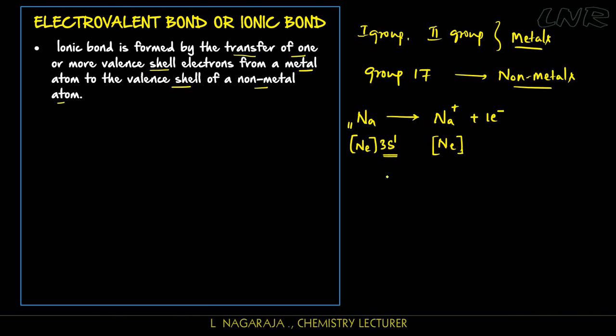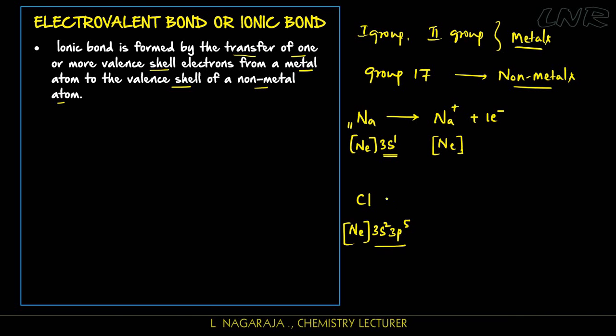Let us take a non-metal atom, generally Cl. Cl has the configuration neon, nearest to the noble gas configuration, and the outermost orbital is 3s2 3p5, so there are 7 electrons in the outermost orbital of chlorine.